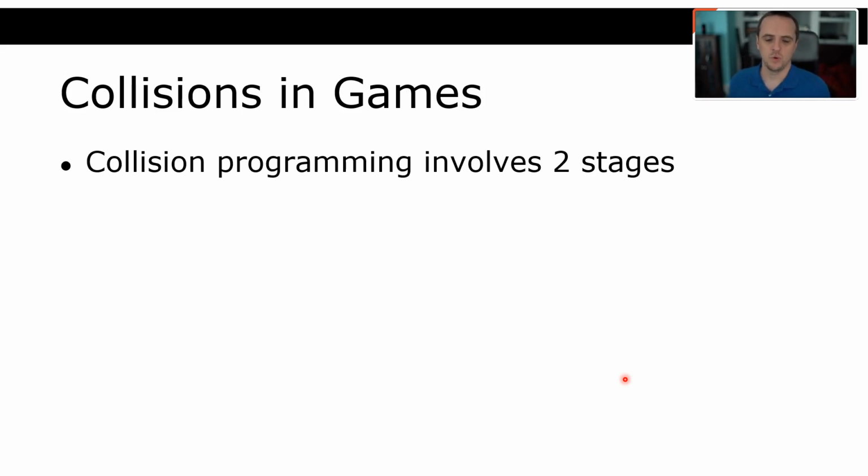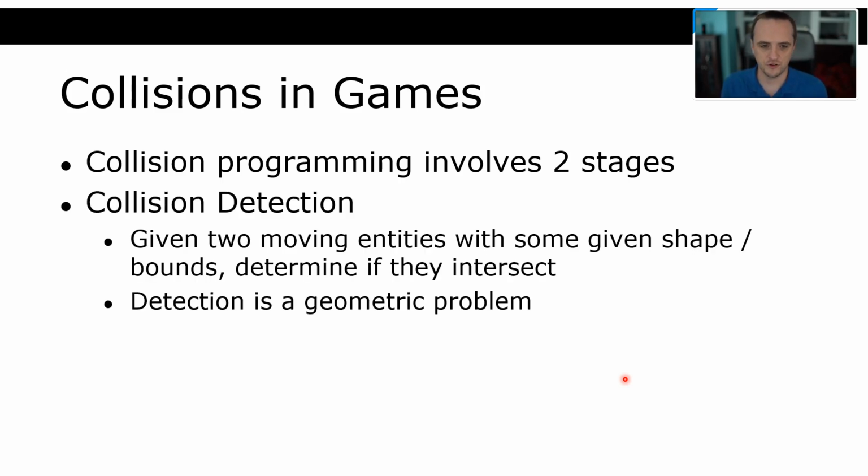So when we talk about collisions in games, collision programming involves 2 separate stages. The first stage of collision programming is collision detection. Given 2 moving entities with some given shape or bounds, determine if they intersect.